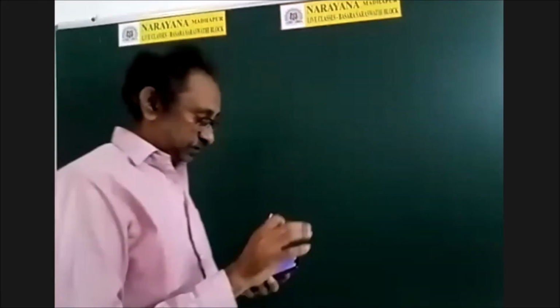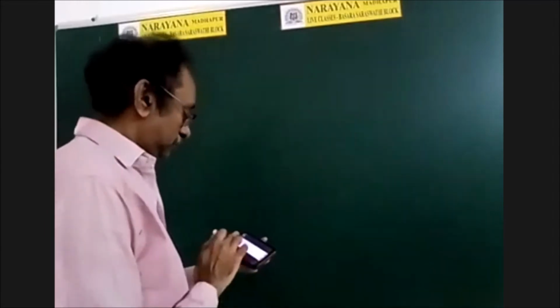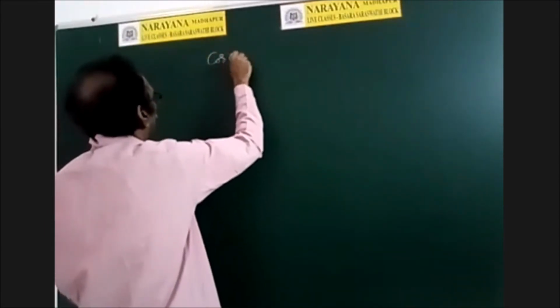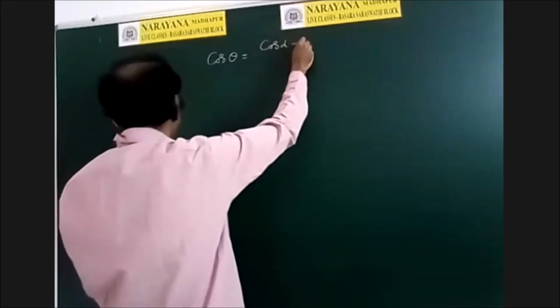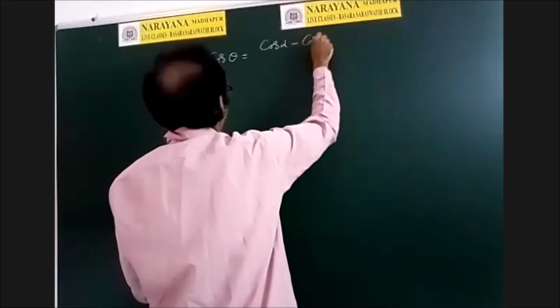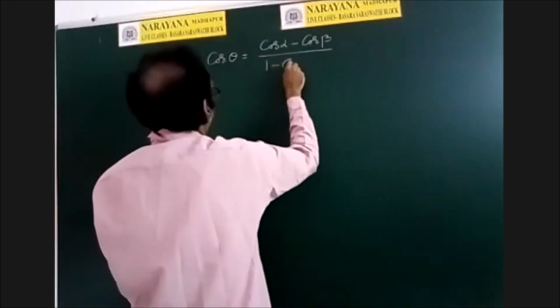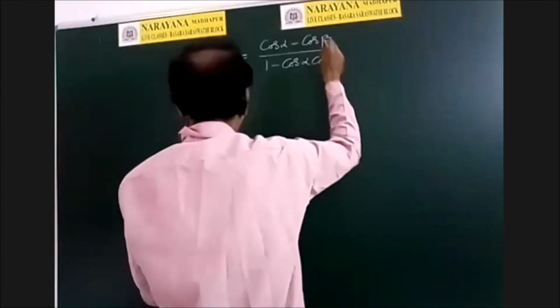Another student sent one problem through WhatsApp. Cos theta is equal to cos alpha minus cos beta by 1 minus cos alpha cos beta.